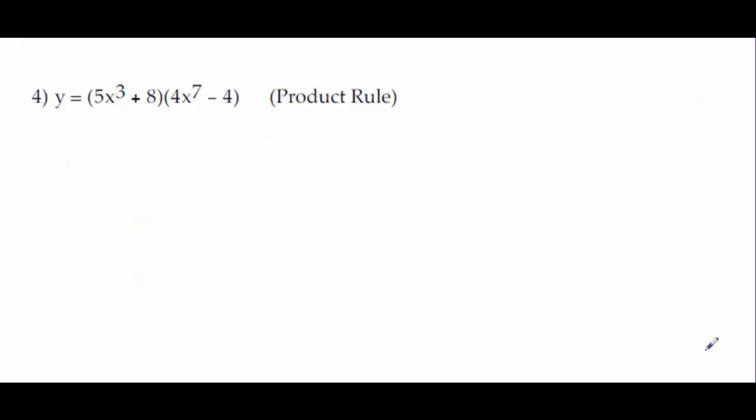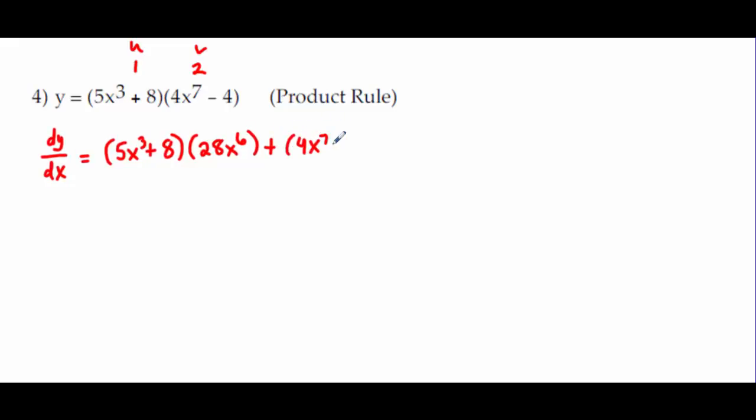So this should be really similar to the previous problem. We're just going to use the product rule again. So this is our first thing and our second thing, or u and v, depending on how you want to think about it. dy over dx equals, write down the first thing, take the derivative of the second thing, which will give us 28x to the 6th plus 0, so we just end that parentheses, plus, write down the second thing, take the derivative of the first thing, so that'll be 15x squared.